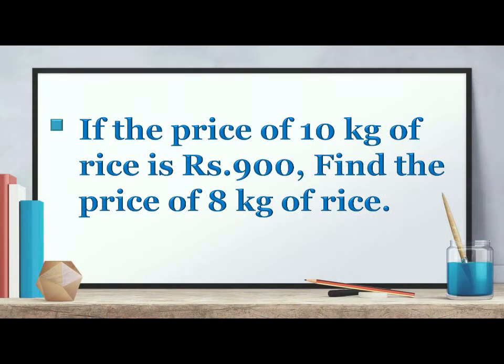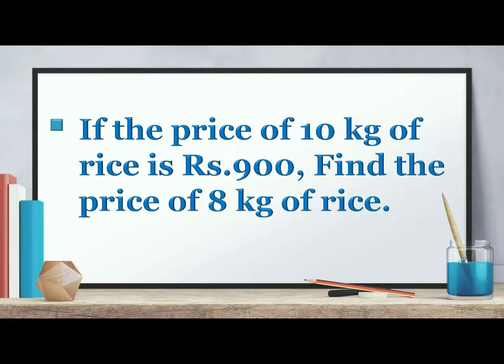For an example, I have given you, if the price of 10 kilograms of rice is 900 rupees, find the price of 8 kilograms of rice. Before solving this, you must select the two quantities and also you should be able to choose the sentence that has a clear connection.